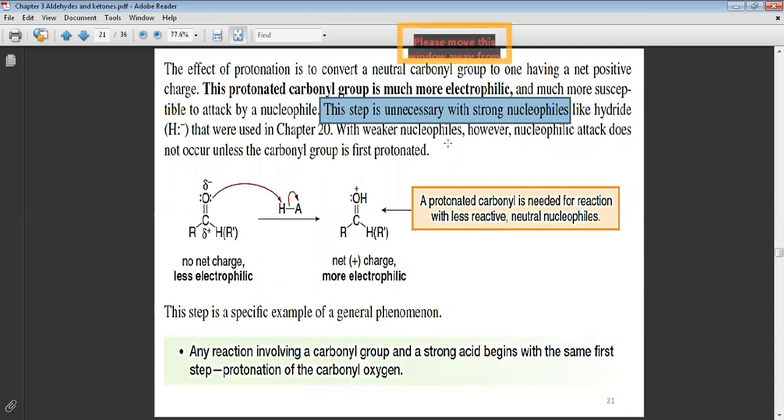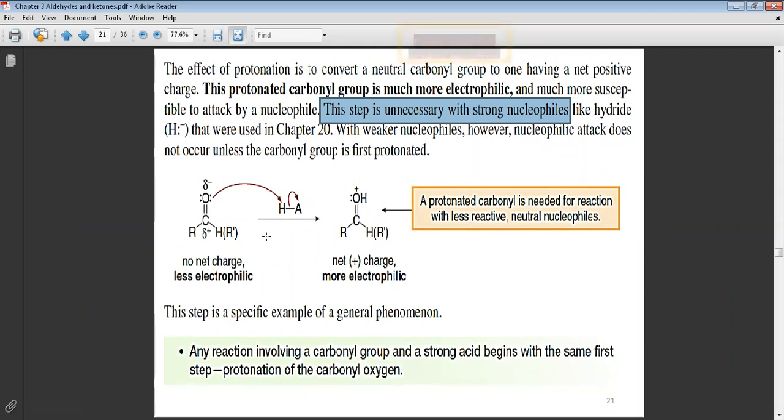With a weaker nucleophile, however, the nucleophilic attack doesn't occur unless the carbonyl group is first protonated. That means a protonation happens, and then the attack happens on the carbon of the carbonyl group.